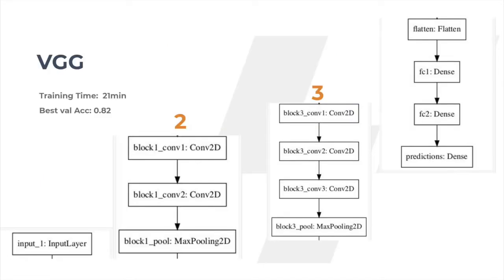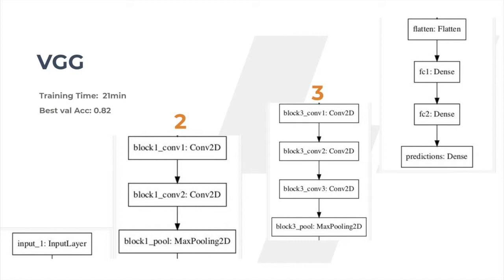The first model, VGG16, is a convolutional neural network architecture named after the Visual Geometry Group from Oxford. It makes the improvement over AlexNet by replacing large kernel size filters with multiple 3x3 kernel size filters one after another.